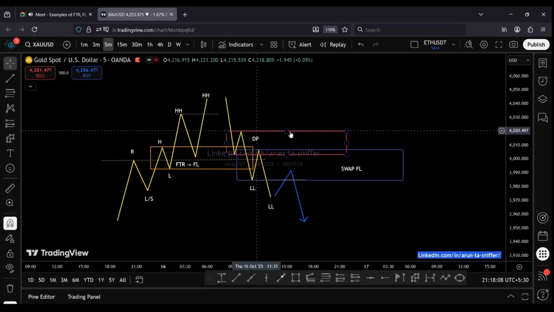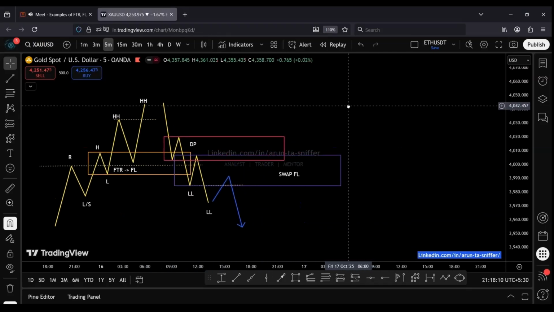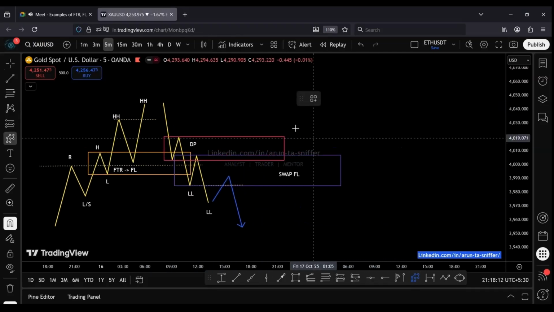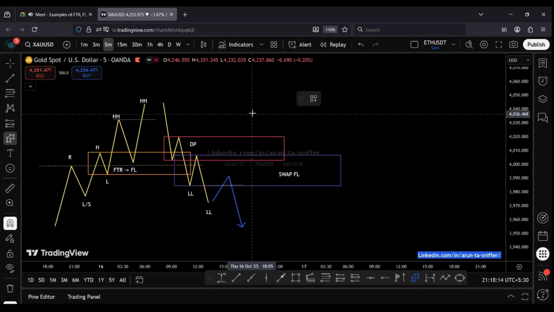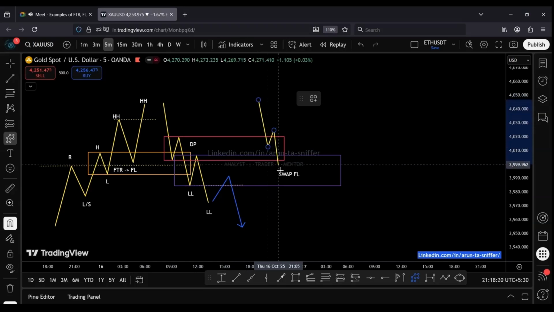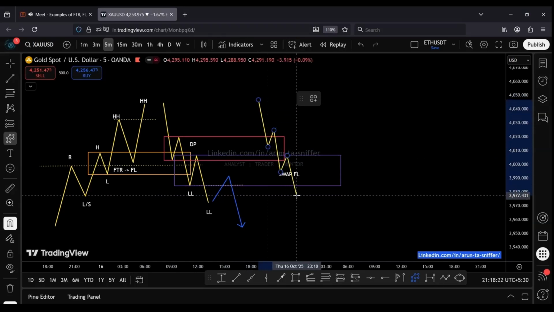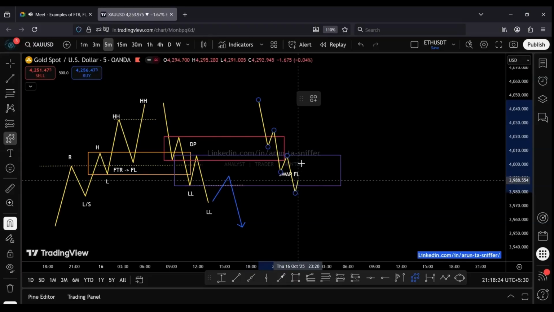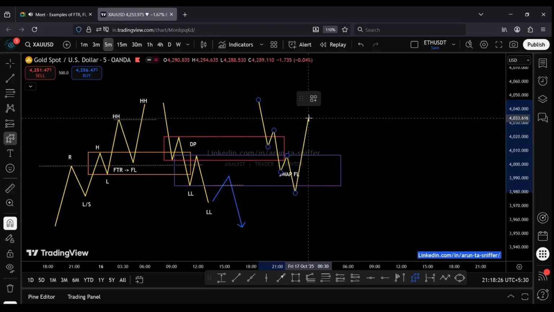We will study that in the future, when the zones are ignored. Like the price came down like this and goes up like this. That means this DP was ignored and it will be our ignored zone.